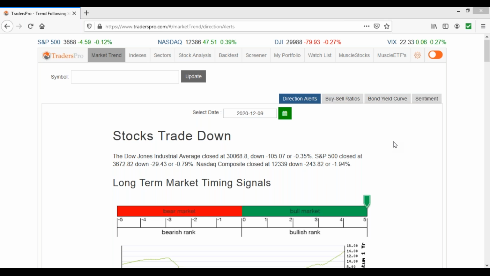Now, as far as the overall market, we had a little bit of a slide yesterday, and I've talked about this for the last couple updates, that the market is showing some signs that it could sell off a little bit. I still don't think it's in a position where it's going to crash or have a major drop. I'm not seeing any signals or warnings of that just yet.